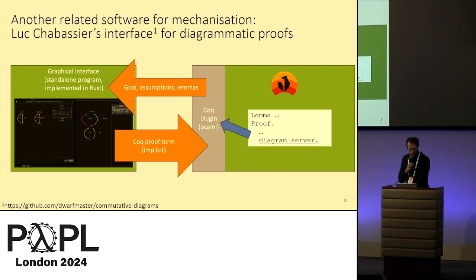And then the interface would produce a Coq proof term that will not show in your VS Code window. It will be implicit. But you can still do Print proof if you want. So it's not really meant to be a diagram editor, so there is limited manual layout. And it's also nice because you have some graphical proof tactics.